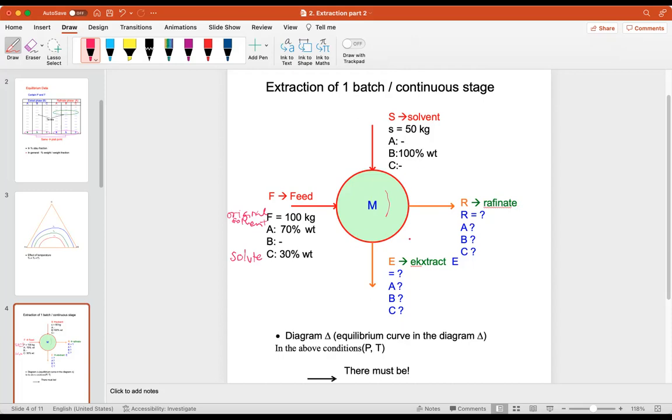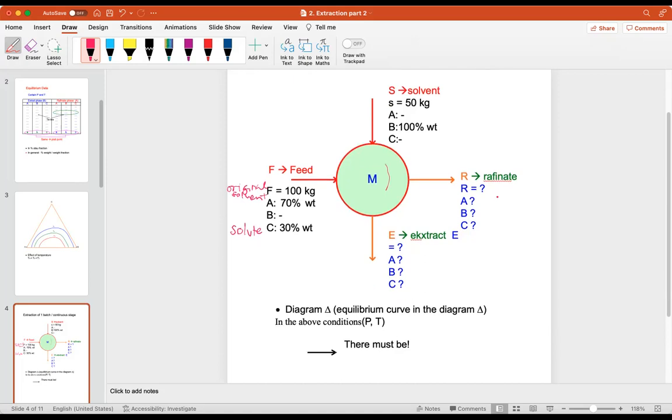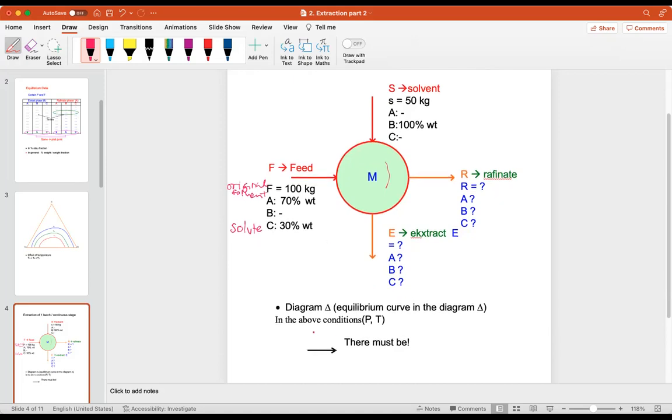Now the question is, what is the composition of the extract, how much extract do we have, how much raffinate do we have, and what is its composition? Okay, so first we need to find the equilibrium curve in the triangle diagram in this condition.